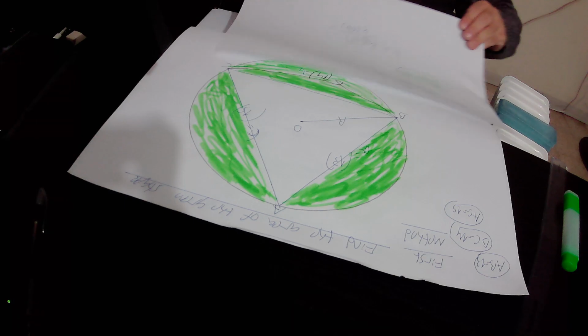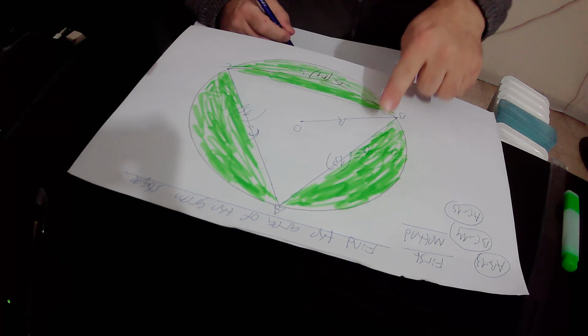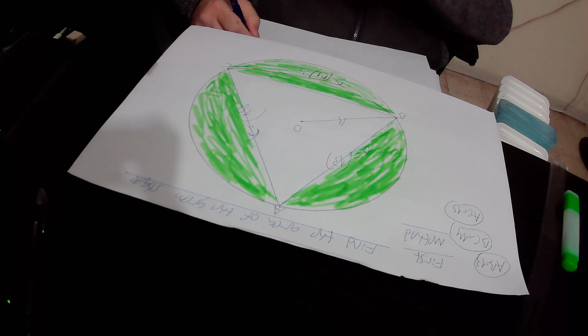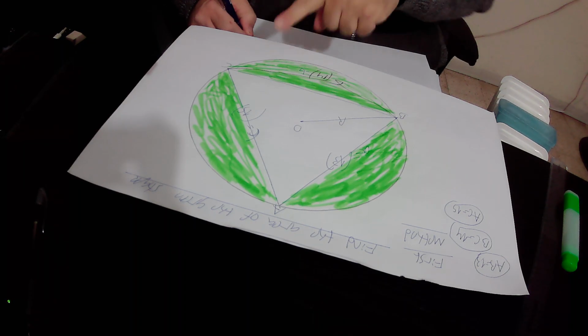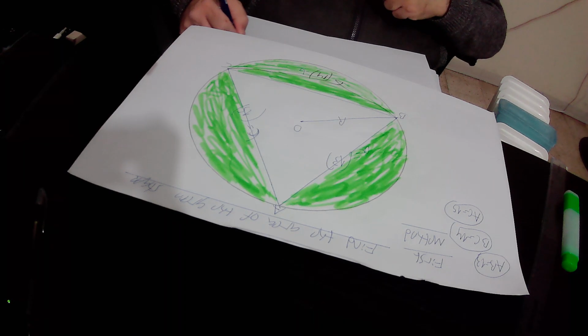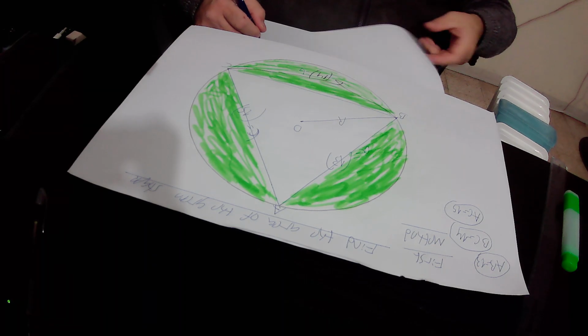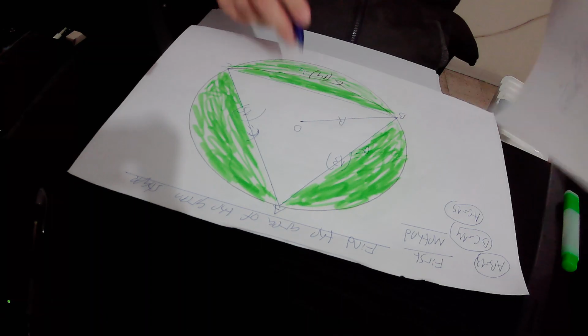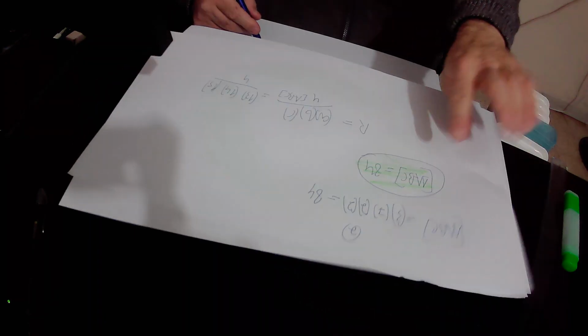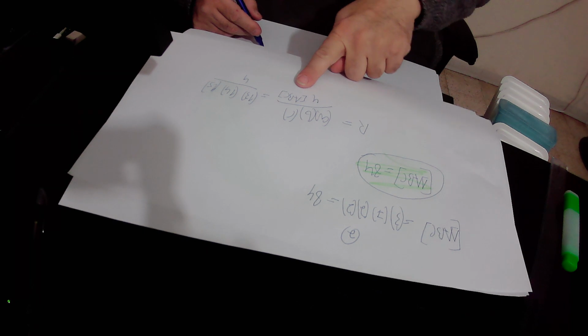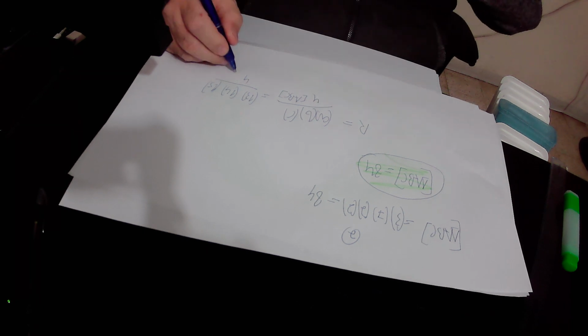So the radius of this circle capital R equals A is 13, times B is 14, times C is 15, over 4 times the area of triangle ABC. And we have already found out that the area of this triangle ABC is equal to 84 square units. So we can substitute the area of triangle ABC by 84.